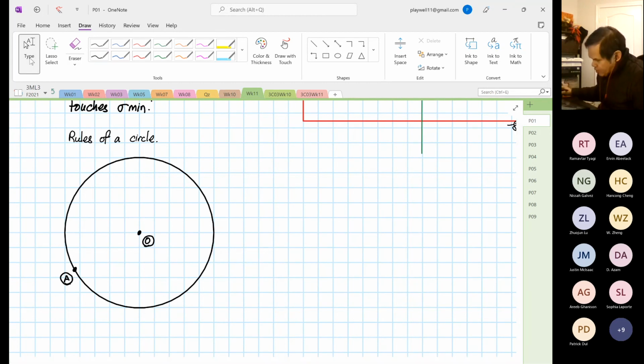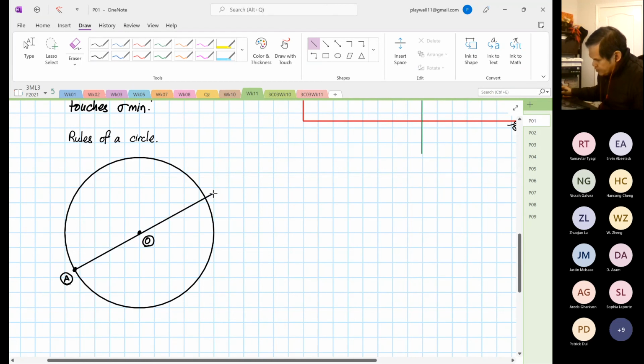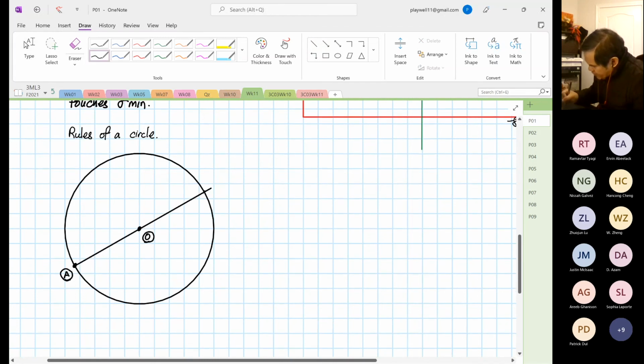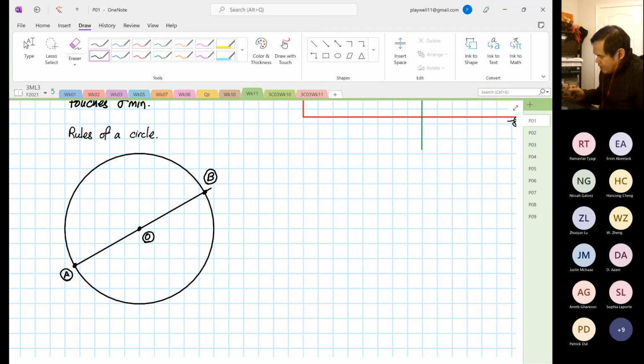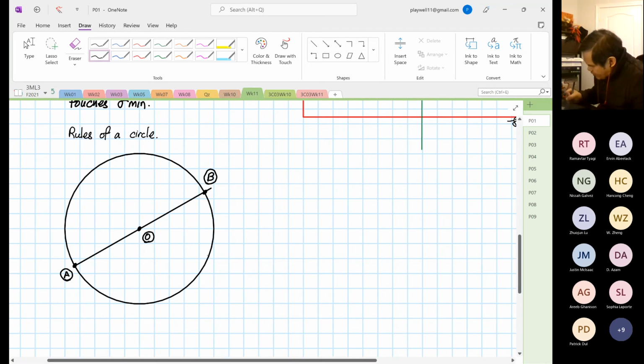So when I draw a line from A through O and beyond, and it touches the other end of the circle, like this, when it touches the other end, that is my point B. Then we pick a random point somewhere around here.